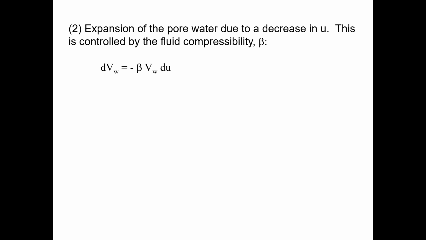So in this case, there's a change in water volume, which is equal to minus beta times the volume of the water times the change in pore pressure. And the volume of the water is equal to the porosity times the total volume, which is equal to N, because again we're using a unit volume, so the VT is equal to 1.